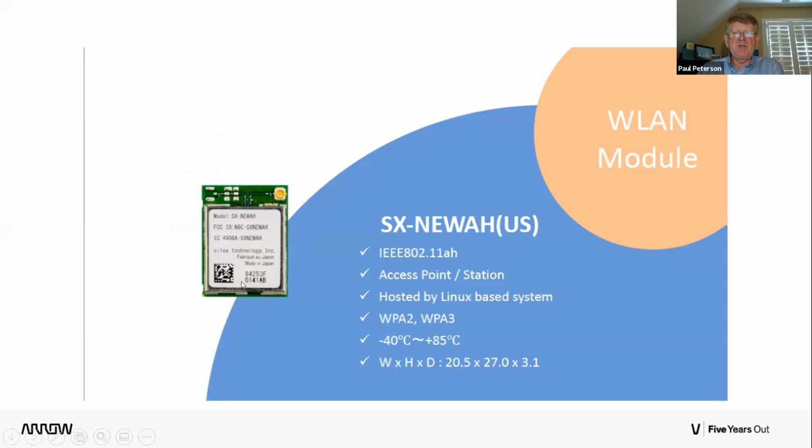So AH is interesting. Your home router at this point probably does not implement it. I can almost guarantee it doesn't, but it does offer a new approach to Wi-Fi, particularly for IoT, and opens up new options.